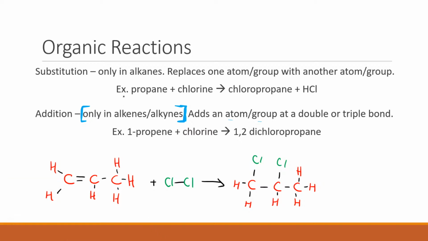And this can happen at a double bond or a triple bond. If it happened at a triple bond, we would just have a double bond remaining with the pieces added, replacing the third bond, replacing the triple.